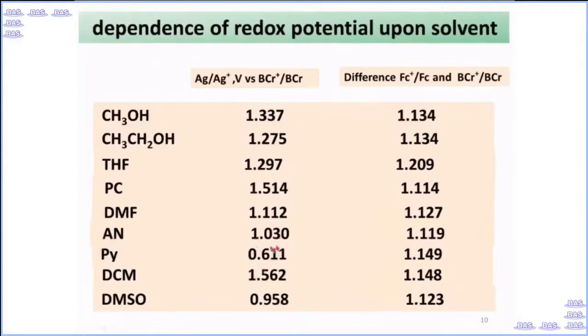There is a very big difference between pyridine and dichloromethane. This is a rather polar solvent, and this is unpolar, dichloromethane. DMSO is of rather medium polarity.